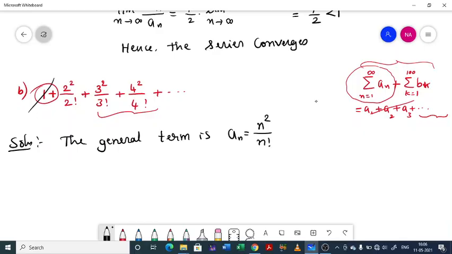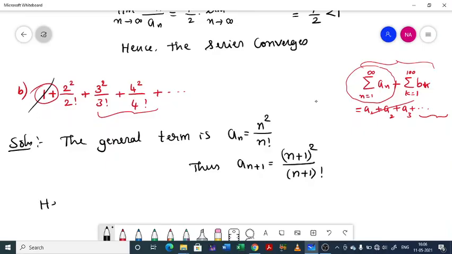So the general term is a_n equal to n^2 by n factorial. Okay, now a_{n+1}, thus a_{n+1} equal to, it is obvious that (n+1)^2 divided by (n+1) factorial.